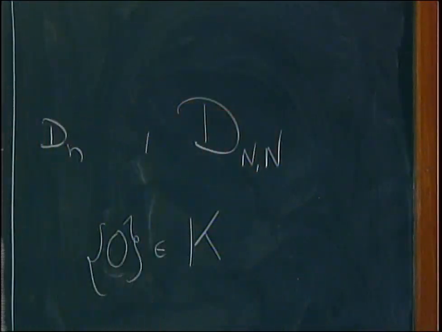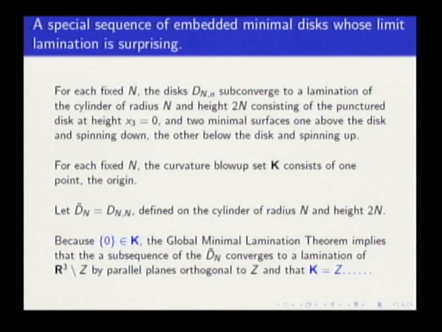But the Colding-Minicozzi limit lamination theorem says that since the curvature blow-up set is not empty, the curvature blow-up set must be an entire line.